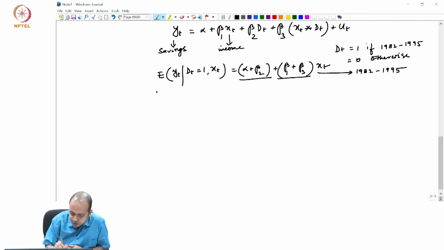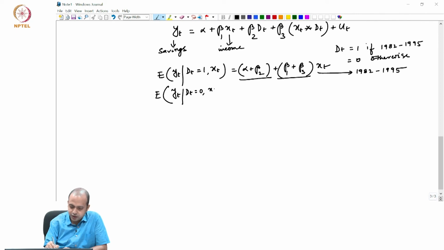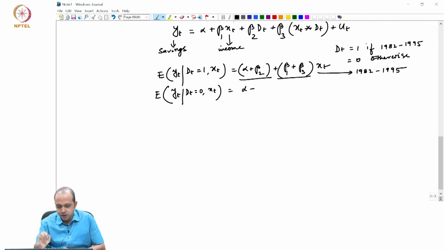And the pre-recession period, how is it defined? The expectation of yt given dt equals 0, xt equals alpha plus beta 1 xt, as the dummy terms will vanish. So, this is for the period 1970 to 1981.